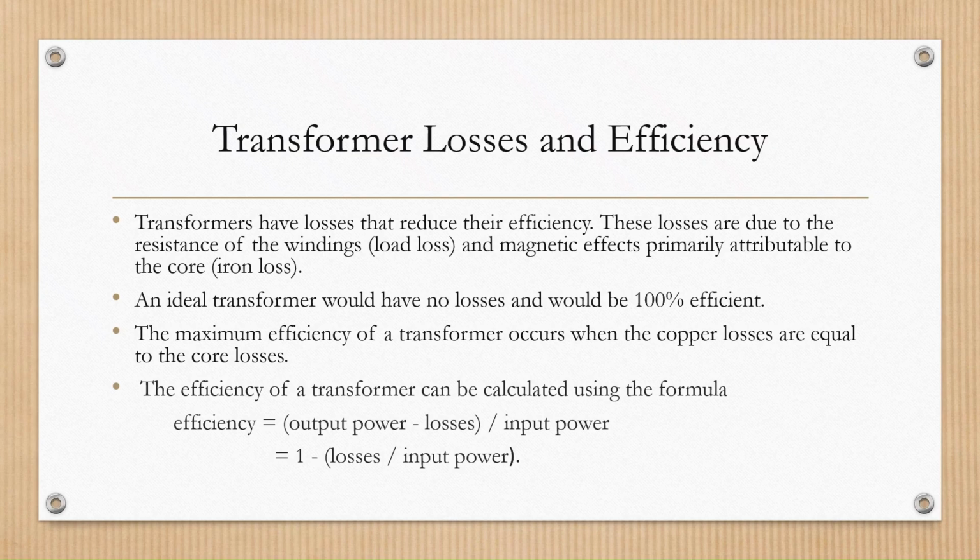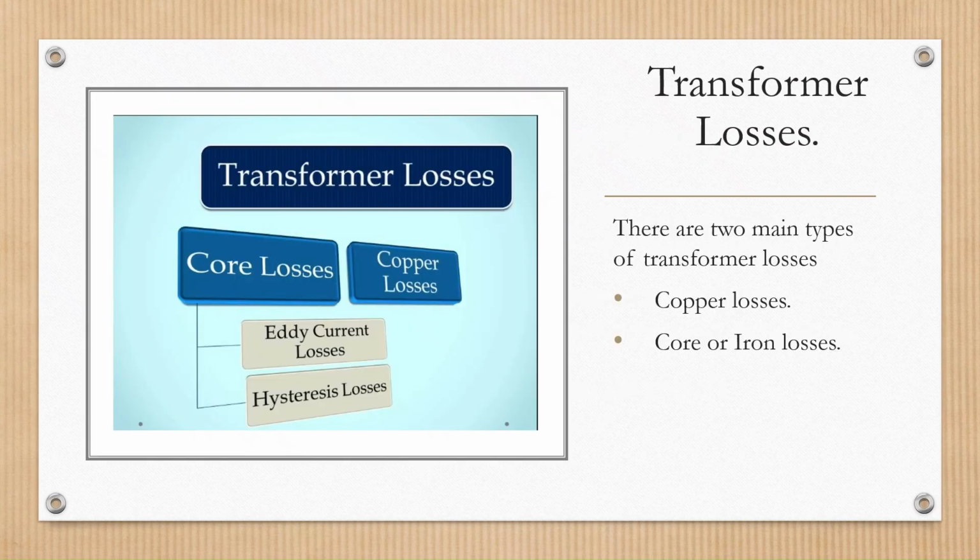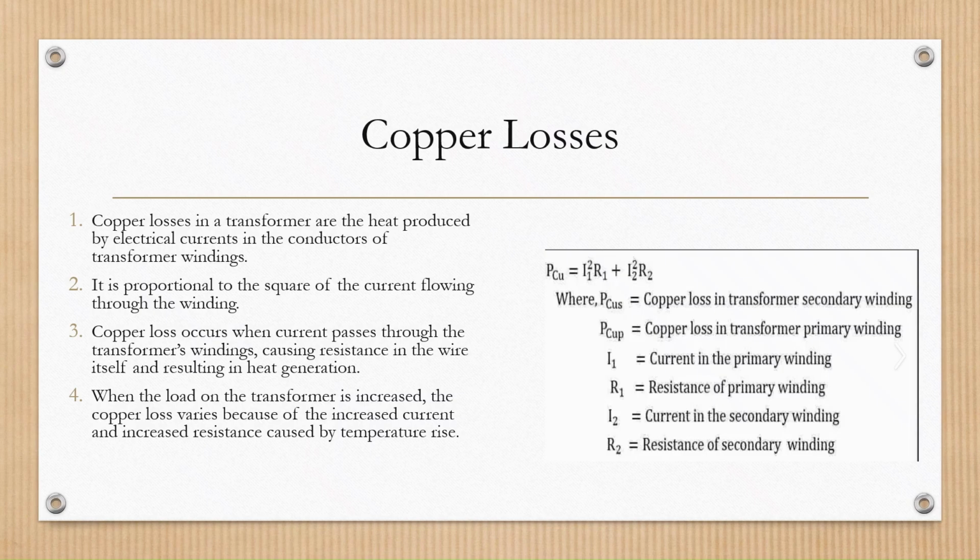There are two main types of transformer losses: copper losses, and core or iron losses. Copper losses in a transformer are the heat produced by electrical currents in the conductors of transformer windings. They are proportional to the square of the current flowing through the winding.